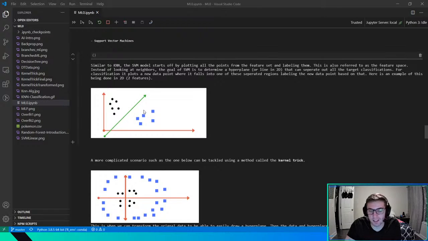If it's 2D it's just a line, 3D it's a plane, 4D it starts being called a hyperplane, and so forth. You want this distance to be as large as possible, basically trying to separate two classes. And that's basically all it does. I don't want to go into the math of it, but that's what SVM does.